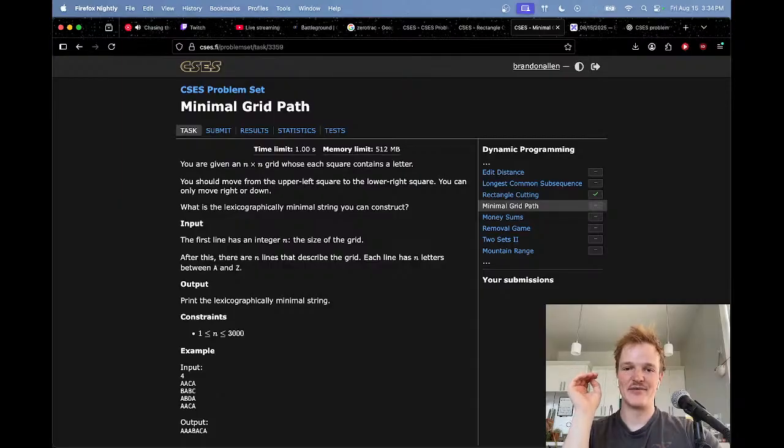God damn. An n by n grid, where each square contains a letter. You should move from the upper left to the bottom right square. What's the lexicographically minimal string you can construct? Wouldn't you always greedily take the smallest thing you can?